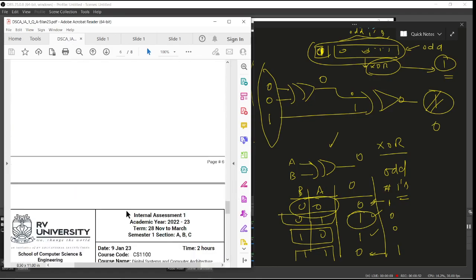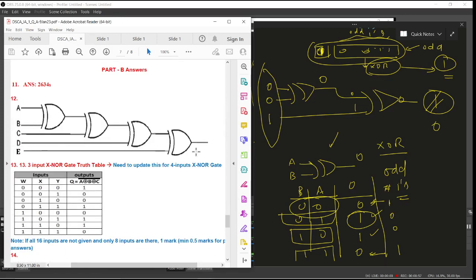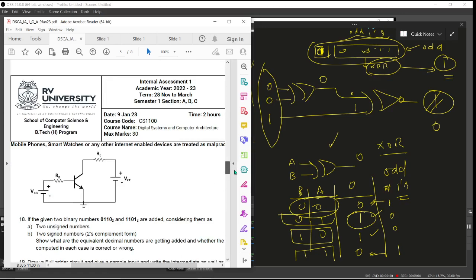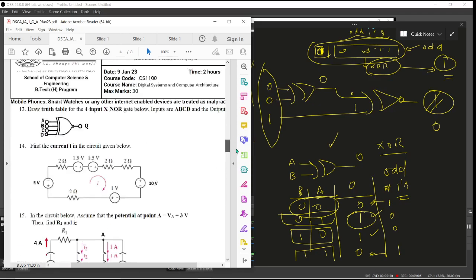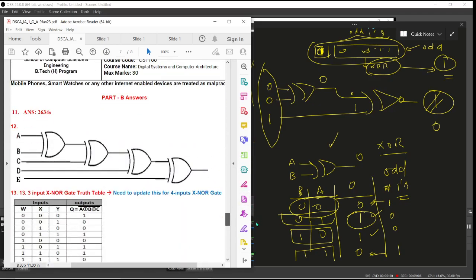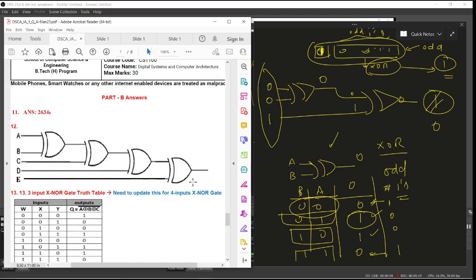We wanted even parity, right? The question said 5-bit even parity generator, and we just saw in the slides that even parity does not have a NOT gate in front of it. So you have this circuit, then add one more input and put an XOR. That's all. So this is the solution for question number 12.